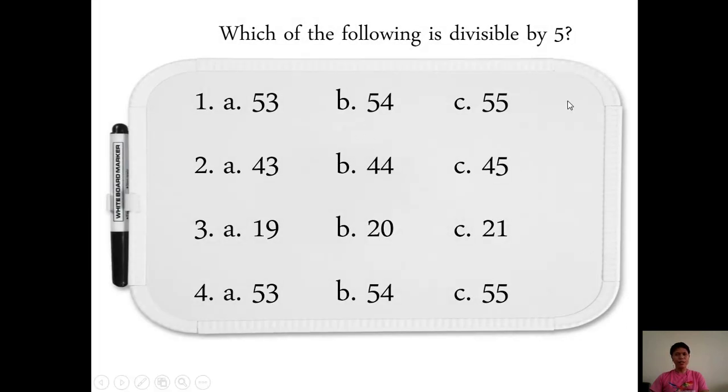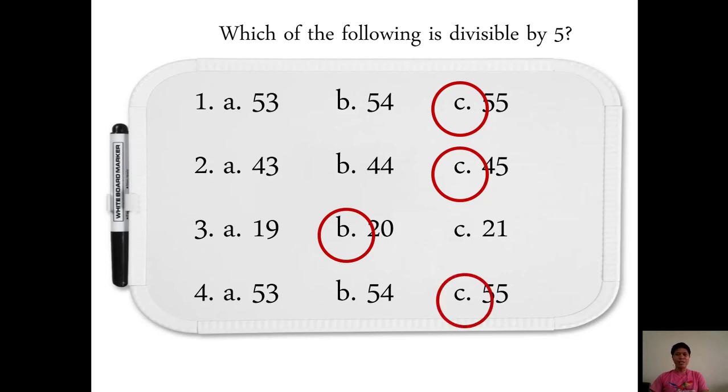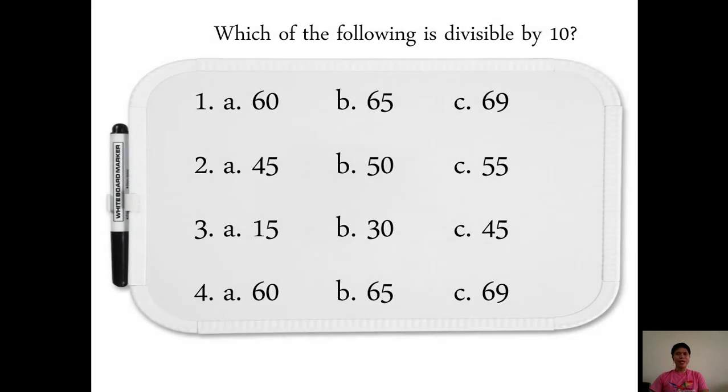Let's proceed to the next one. Which of the following are divisible by 5? Okay, let's check. Number 1, obviously it's letter C, 55. Number 2 is 45, letter C. Number 3 is 20, letter B. And number 4 is letter C, 55. Let's have another example.